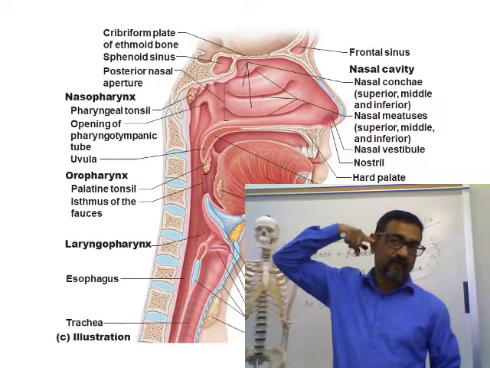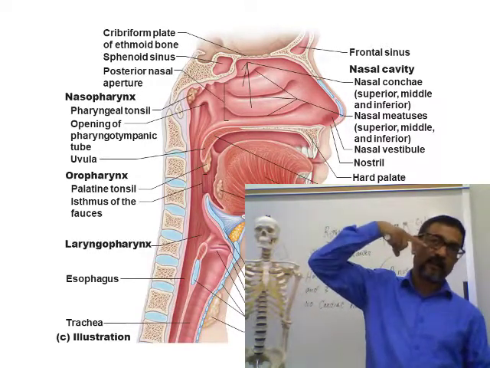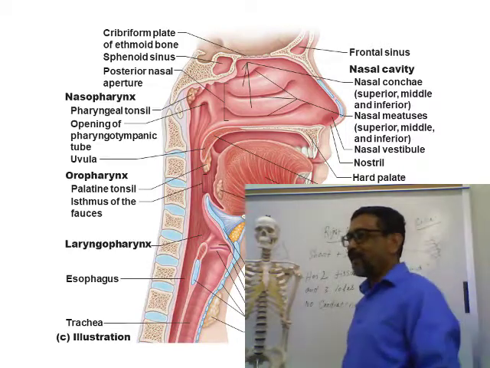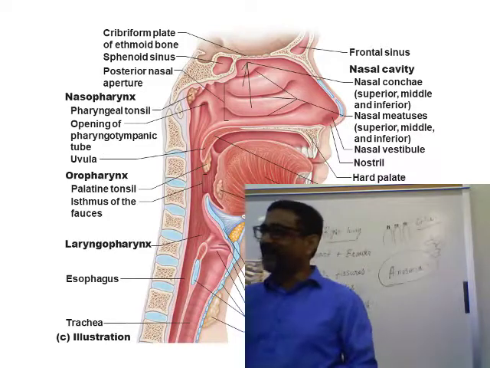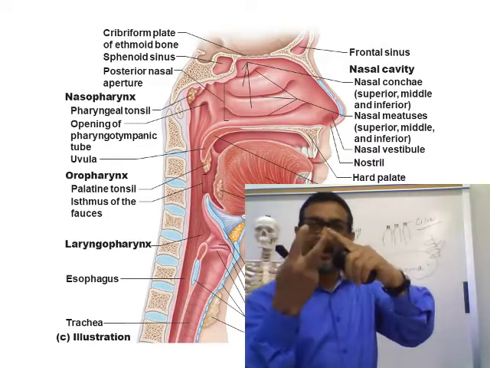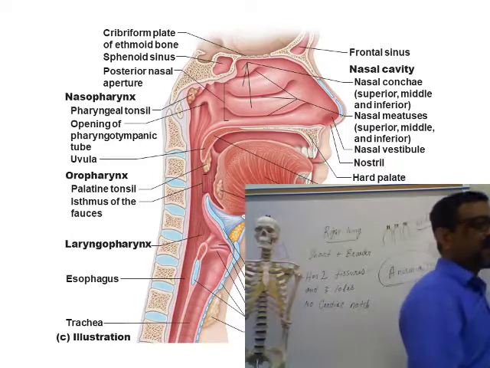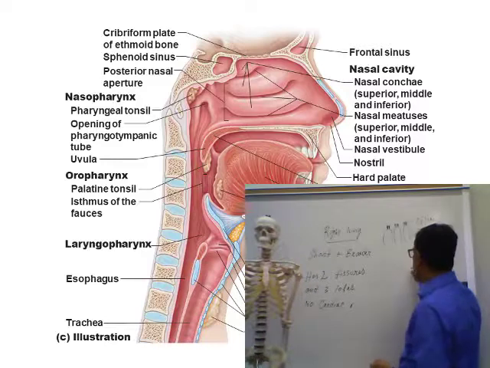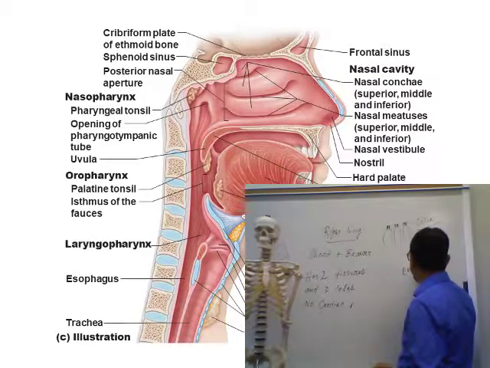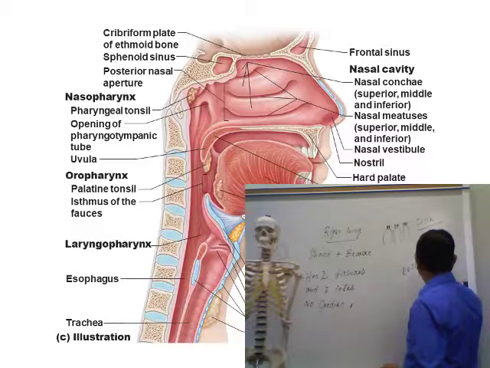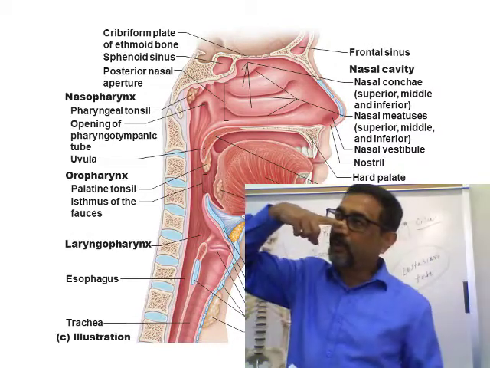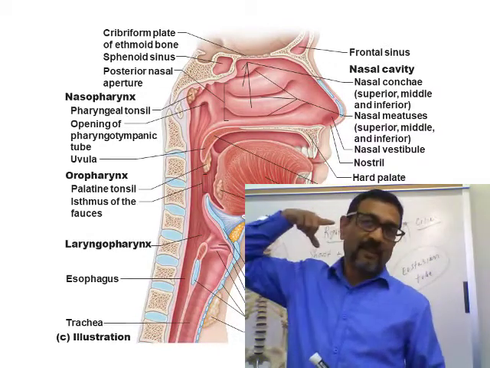It goes like this, from the ear to the nose. It is also called the pharyngotympanic tube, also called the eustachian tube. So it has three names: auditory tube, pharyngotympanic tube, or eustachian tube. That tube connects the middle ear to the nasopharynx like this.